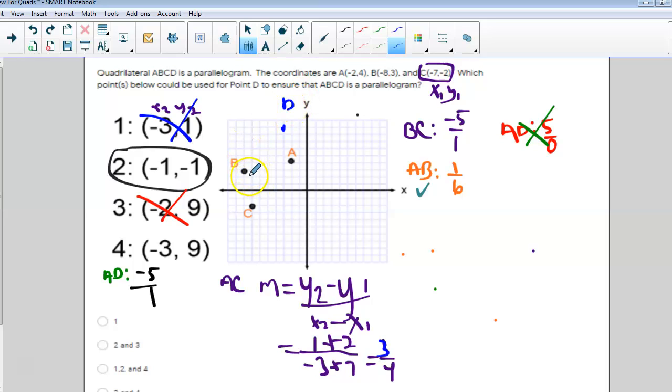Okay, so I'm going to count up 1, 2, 3, 4, 5, 6, and over 1, 2, 3, 4, 5.